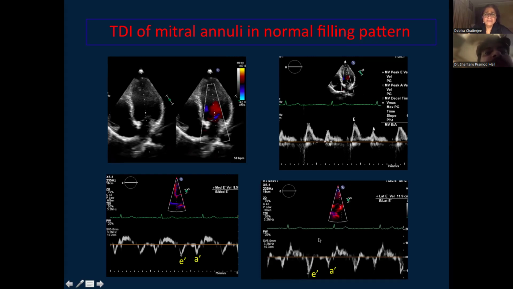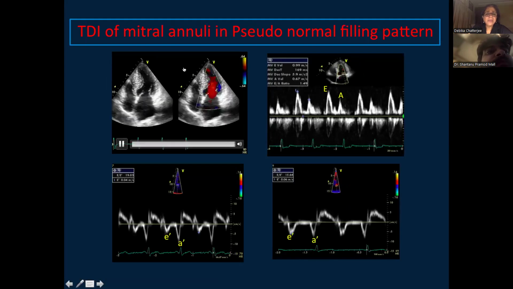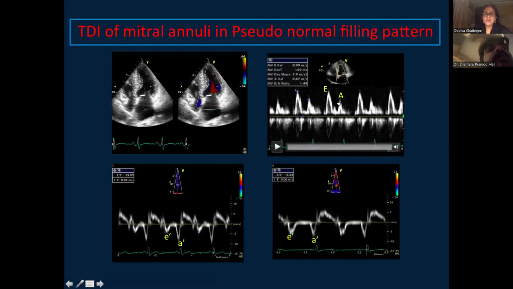Now, let us look at that patient of hypertrophic cardiomyopathy, where E wave is more than A wave. But here you look, the tissue Doppler is showing E prime less than the A prime, both in the septal annulus as well as in the lateral annulus. So this is the way we differentiate.